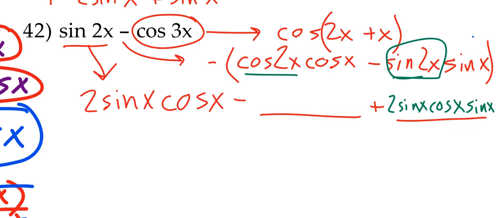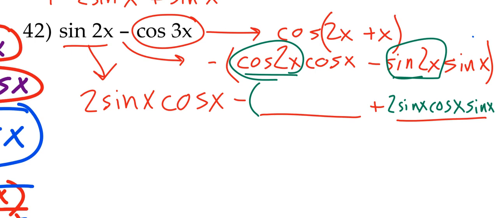So, what do we think we should replace cosine 2x with? I think we should use the one that involves, well, that's not going to help, I don't think.